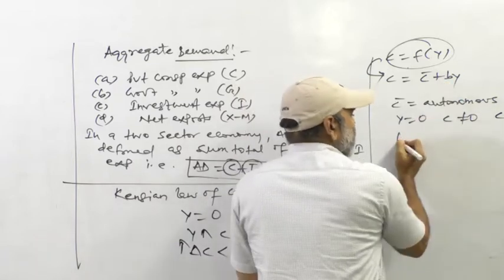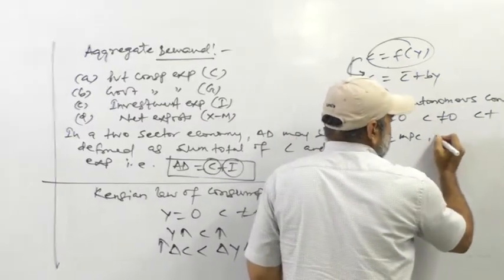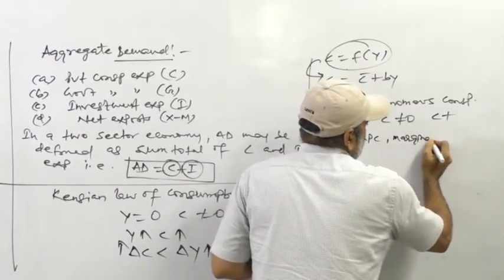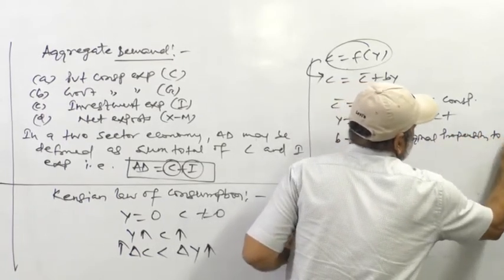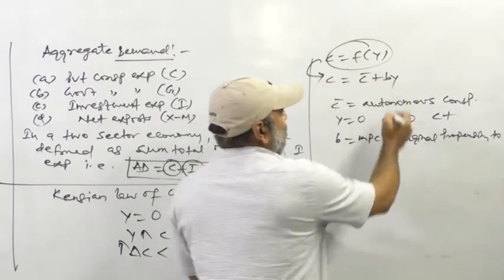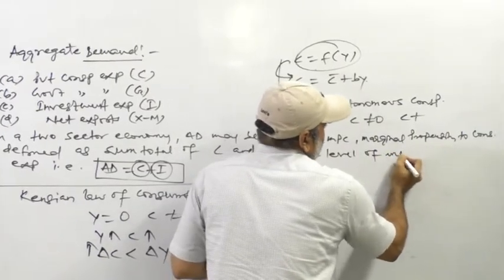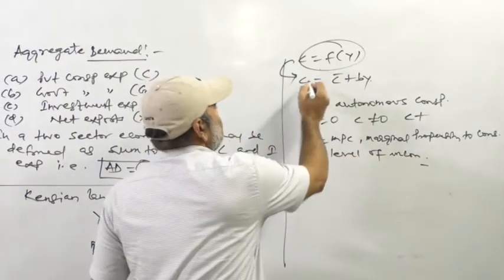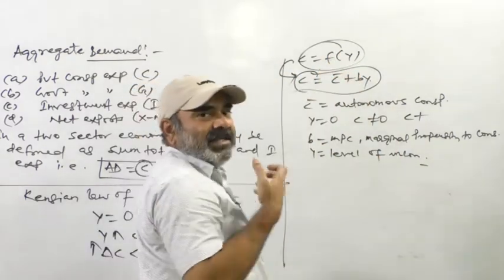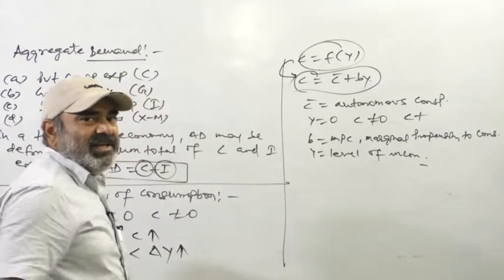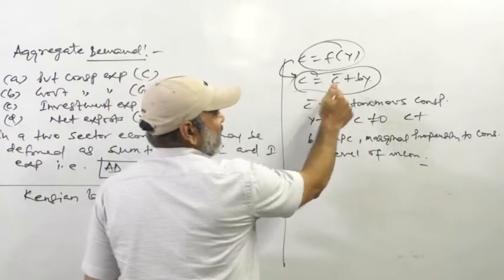And this is small b, this is MPC, that is marginal propensity to consume. And this is Y. Y is level of income. You can say consumption is the function of income, and the equation for linear consumption function is C equals to C bar plus bY. What does this suggest?